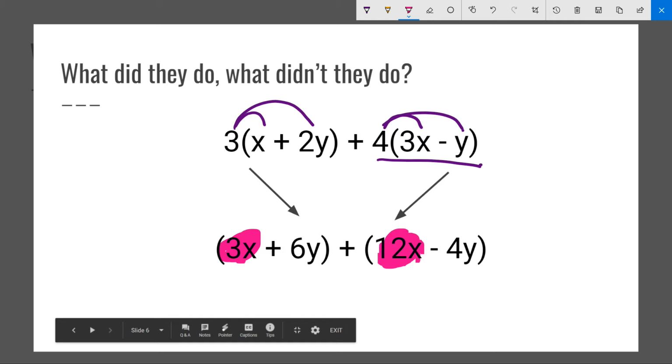It's possible because everything is just addition and subtraction. So the parentheses don't even matter. It's really just 3x plus 6y plus 12x minus 4y. And then if we add up those like terms like we got in the previous slide, it's still 15x plus 2y for the final answer.